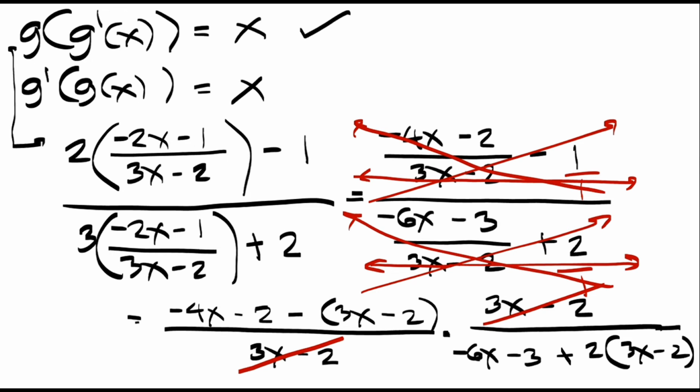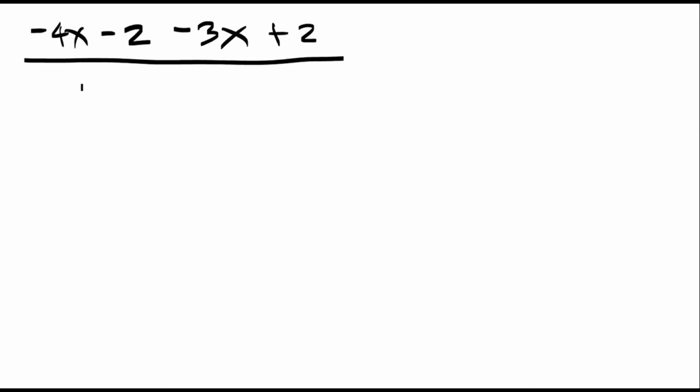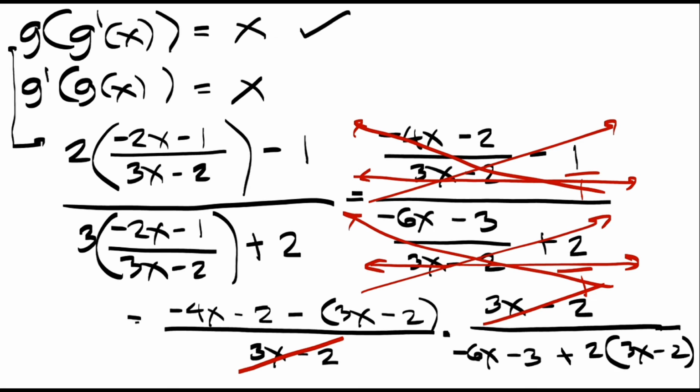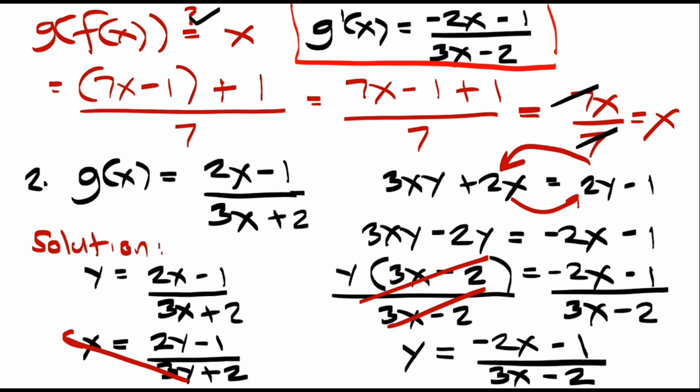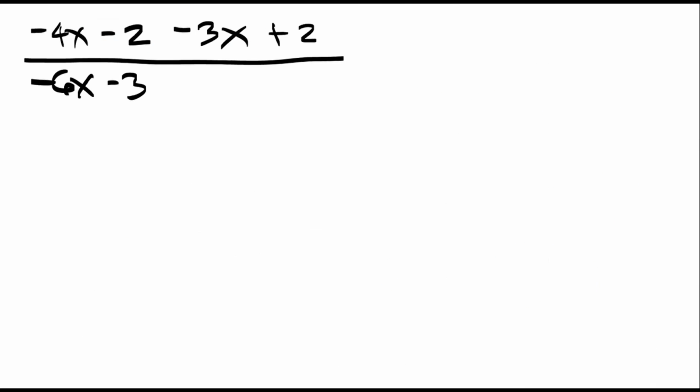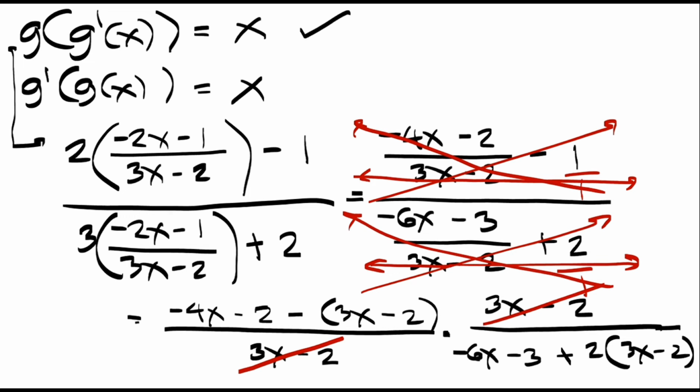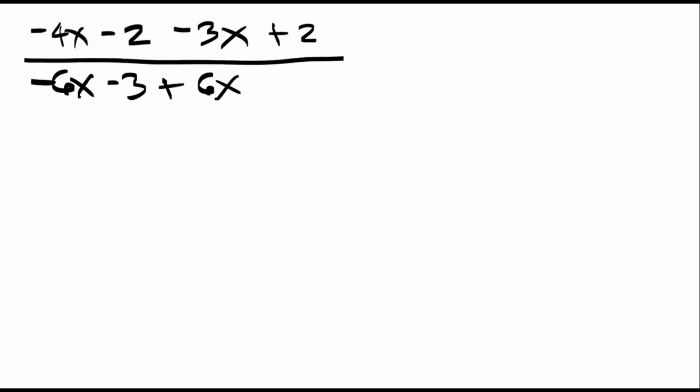So we have negative 6x minus 3, and then this will be multiplied by 2. So 2 times 3x is plus 6x, and 2 times negative 2 is negative 4.